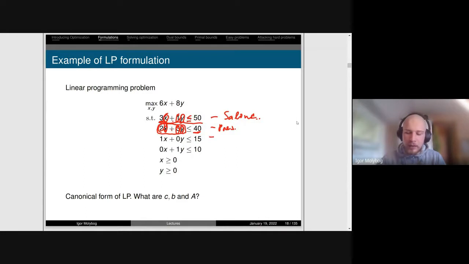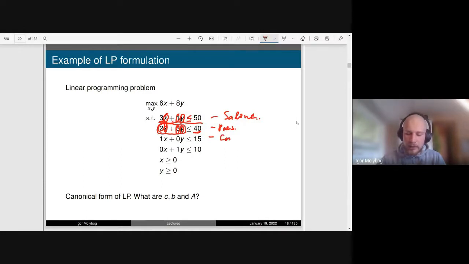Similarly, we use compound A and compound B, noting that vaccine B does not use compound A, therefore there's going to be 0 in our constraint, and vaccine A does not use compound B, therefore there will be 0 in front of X in the last constraint.